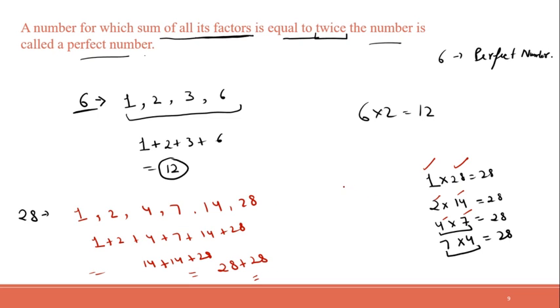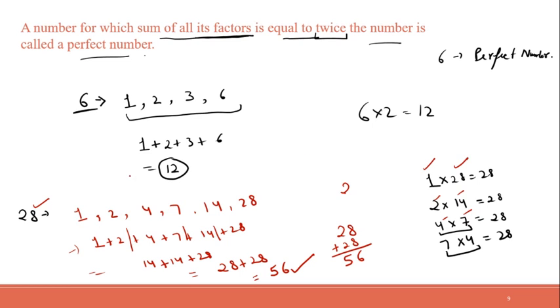You can break this addition in parts and add like this: 3 here, 7 plus 4 is 11 here, 14 here, and 28 here. The outcome will be 56. So this 56 is just twice of 28, because when I add 28 and 28, I'll get 56.